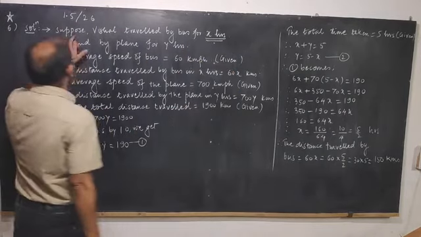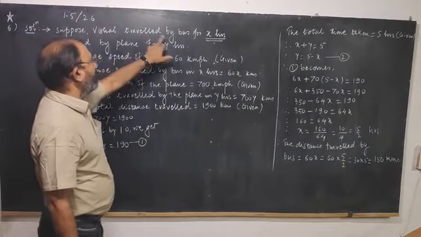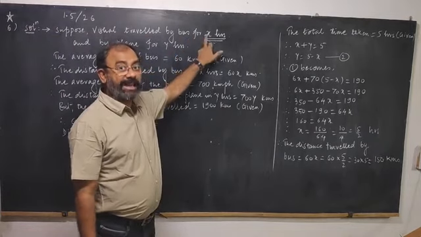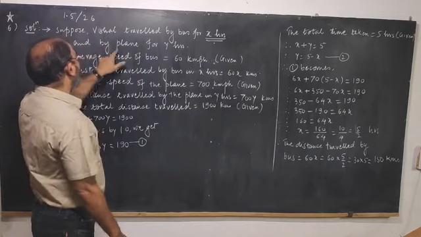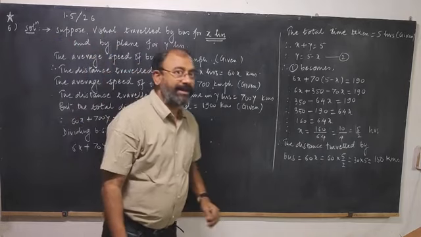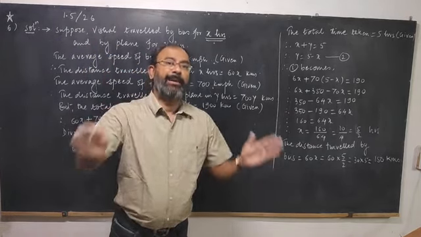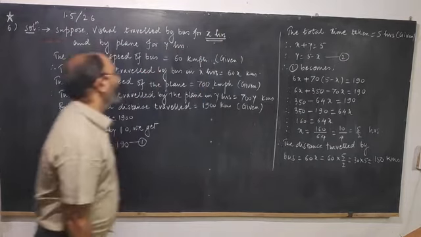So we are starting. Suppose Vishal traveled by bus for x hours. So time of journey is x hours and by plane for y hours. So the time of journey by plane is equal to y hours.